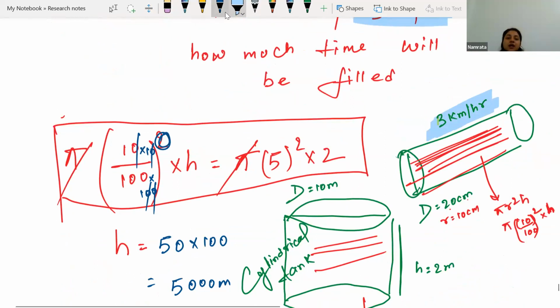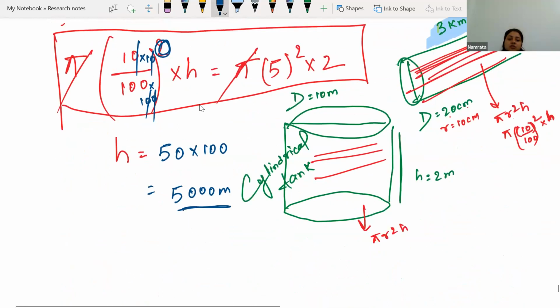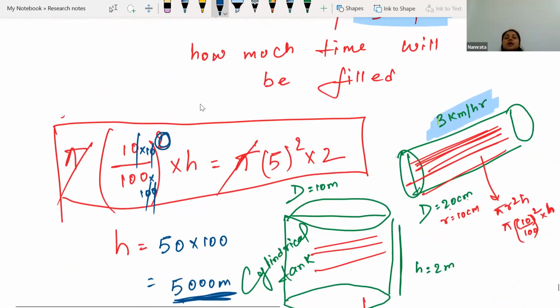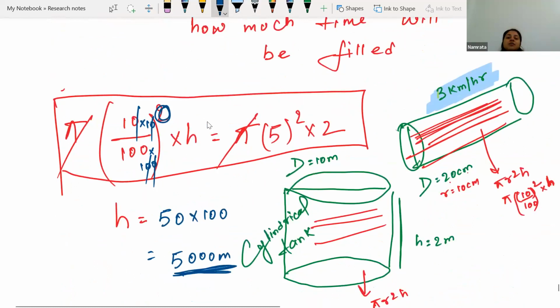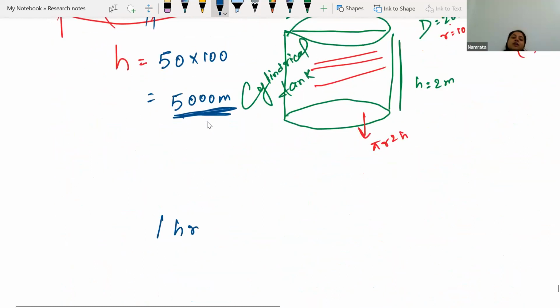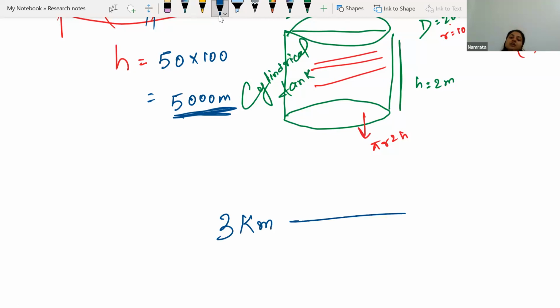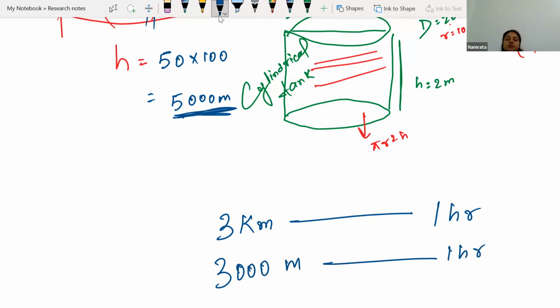We need this much water when the height is 5000 meter, and it is flowing at the rate of 3 kilometer in 1 hour. Or you can write it the other way, that water is flowing 3 kilometer in 1 hour. That means 3000 meter in 1 hour.